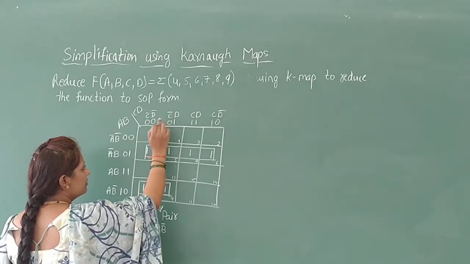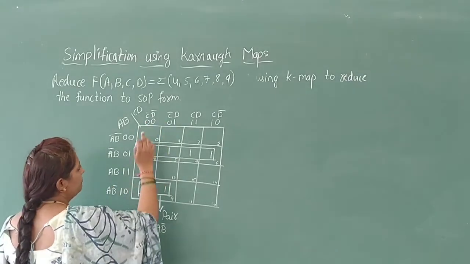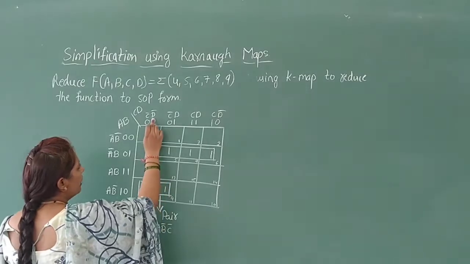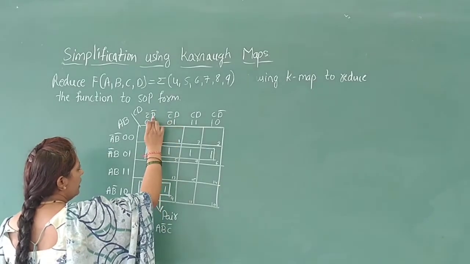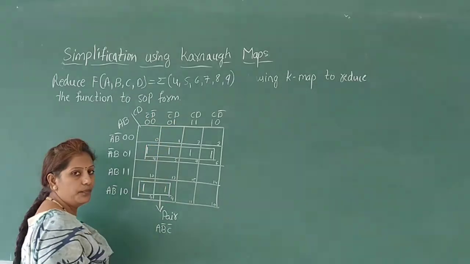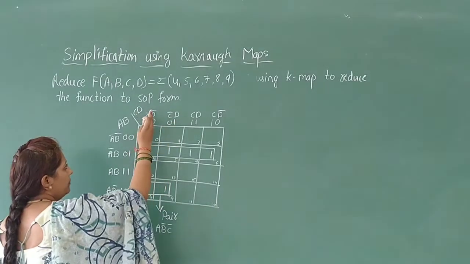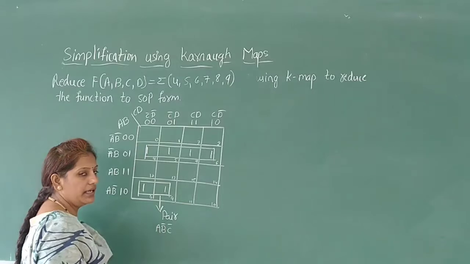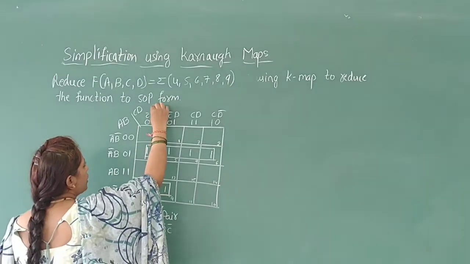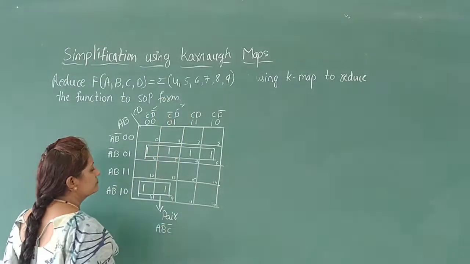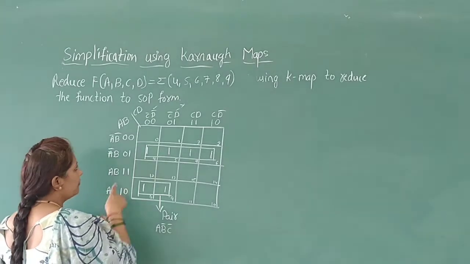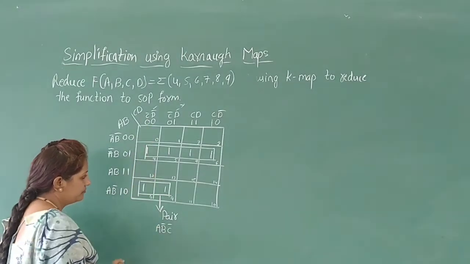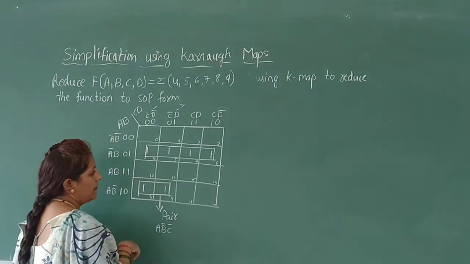C bar remains the same, but D bar changes its state to D, from the complemented state to the uncomplemented state. Therefore, remove this one. Then only take the minterm value A B bar C bar for this pair.